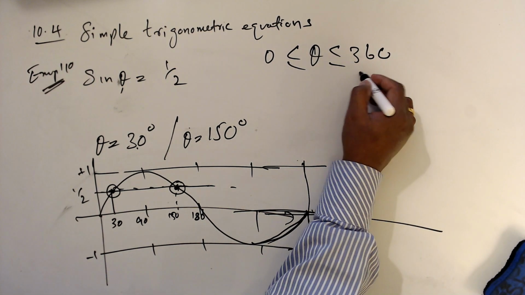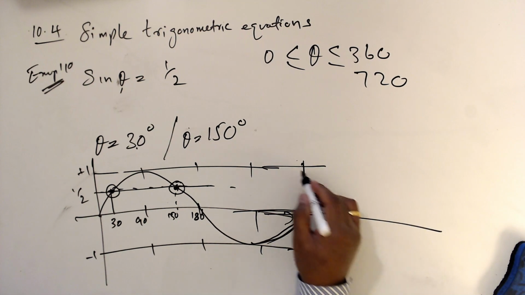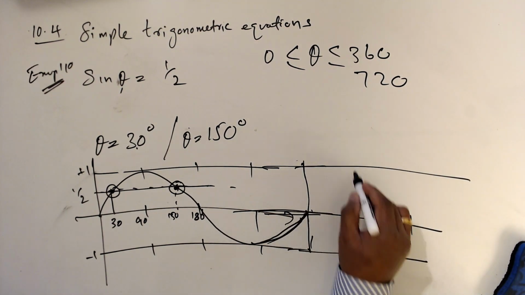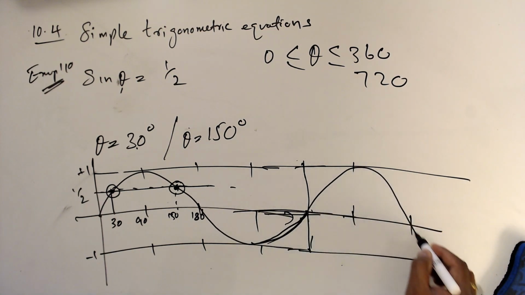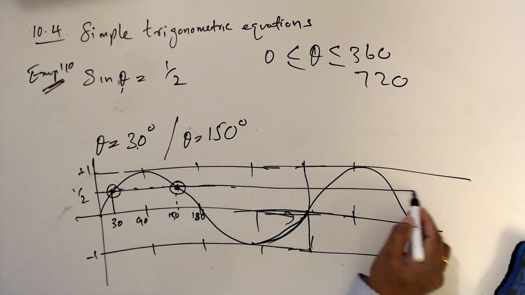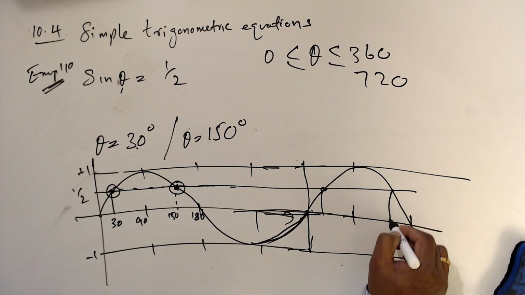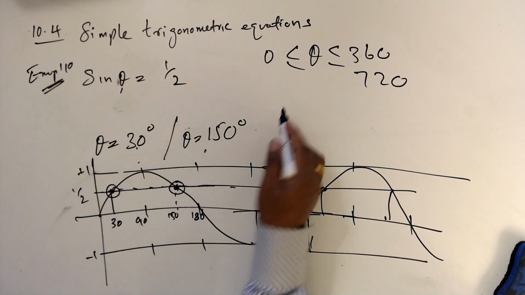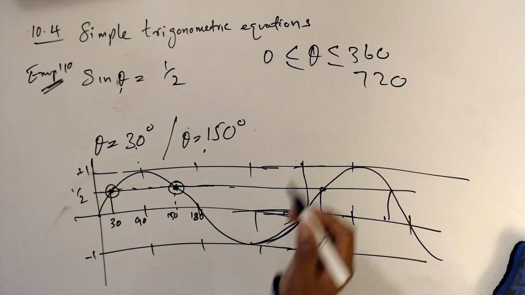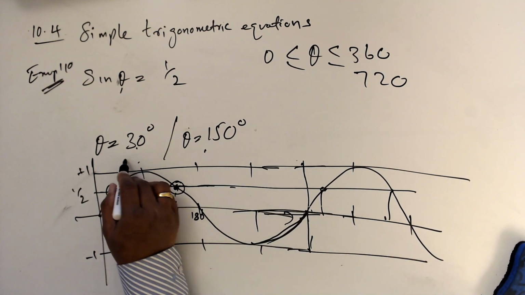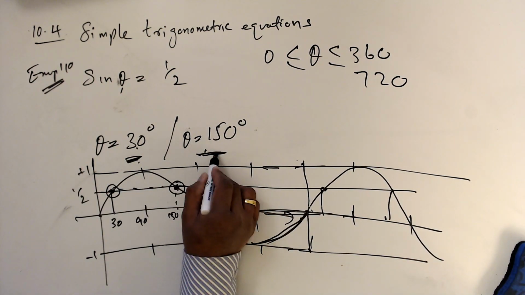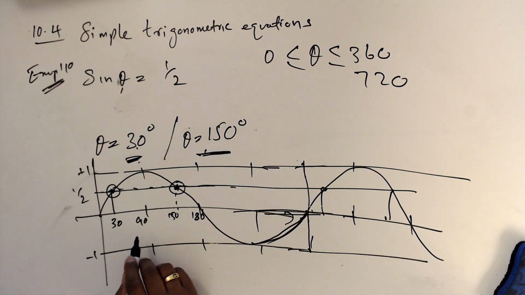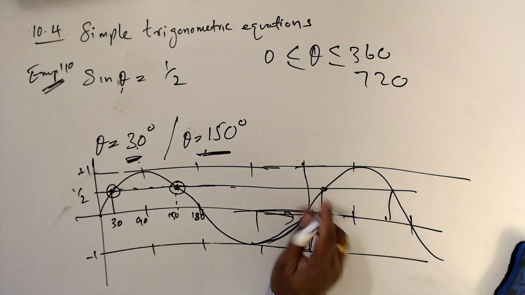If I expand this range to 720, then there are two more, this one and this one. So the number of answers depends on the range. But when you find the first two answers, you can add 360 and get the others. So you don't need this drawing.